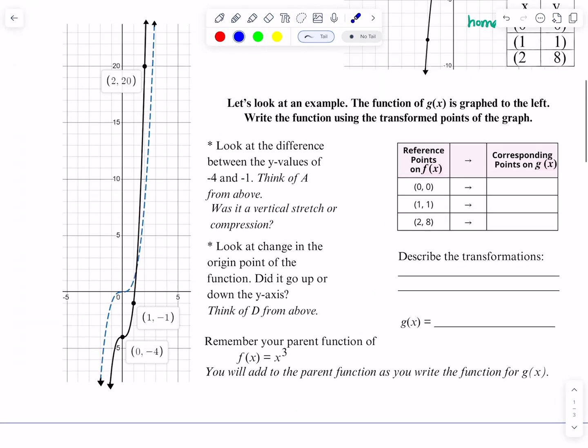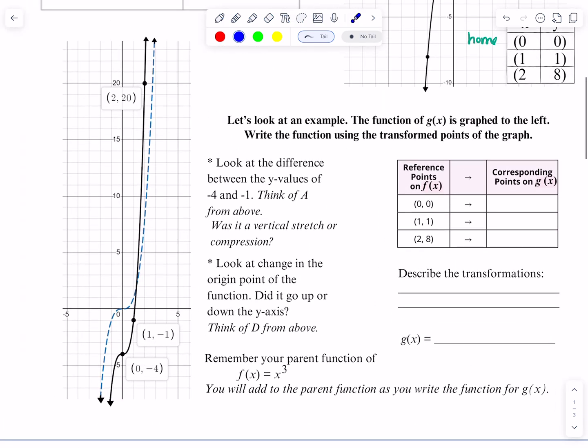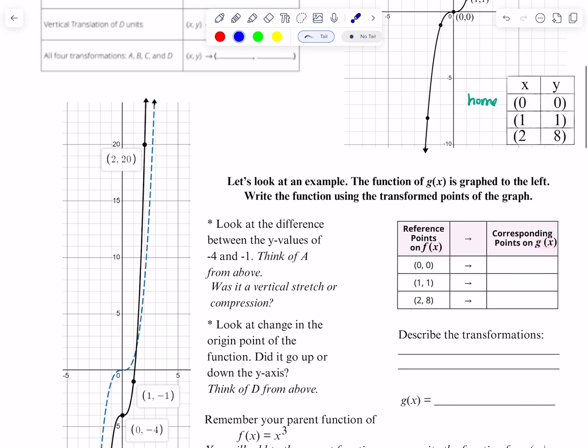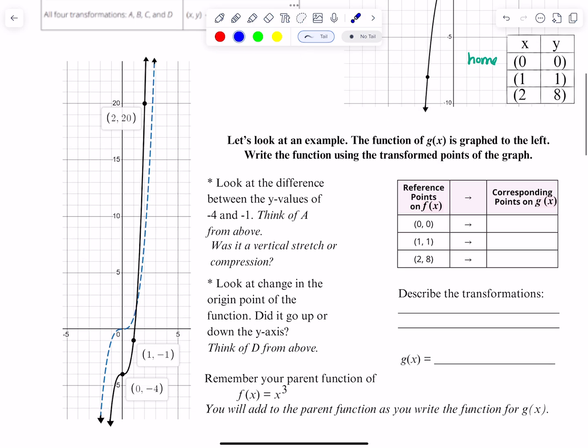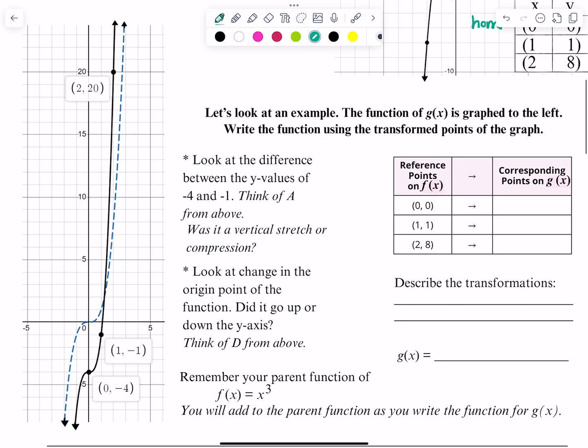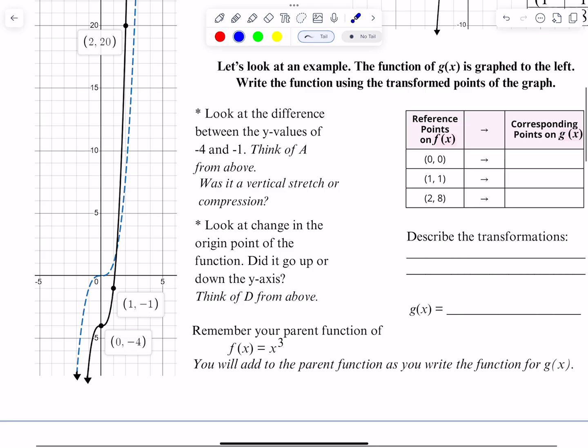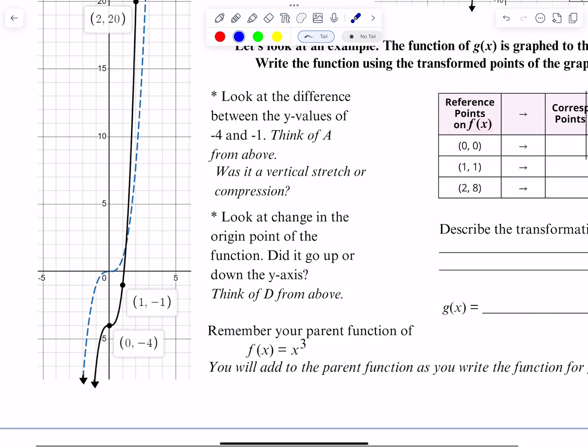So to determine the vertical stretch, you have to check that first. You have to check the home point and the secondary point. But before we do that, let's fill out the table to the right. If I look at the dark dotted graph, the solid one, this one right here, which of those points is the home point for that graph?